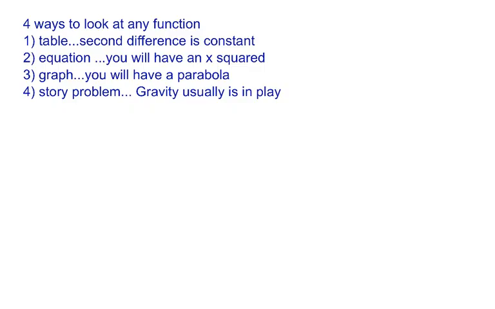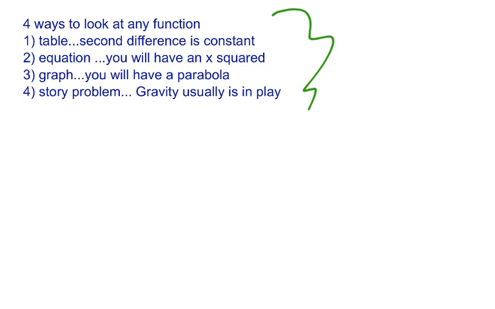Okay, so there are 4 ways to look at any function, and here we're looking at a quadratic. We have a table, and we already talked about how the second difference is constant. It's not like a linear function where the first difference is constant, but if you take the difference of the first difference, that's called the second difference, and it is constant.